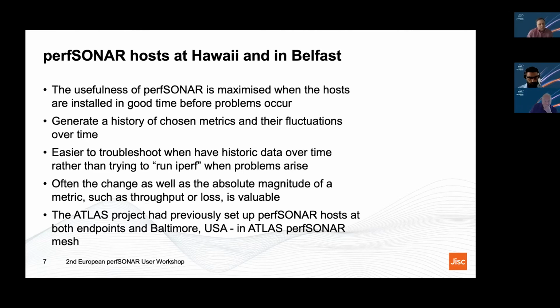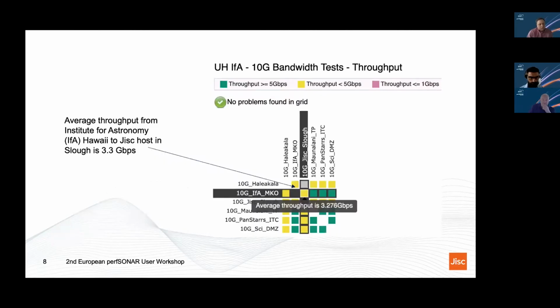And these are all in this ATLAS perfSONAR mesh, and this is just a screenshot of one of the grids, and you can see a number of 10 gigabit hosts in Hawaii, and there's also one in Slough, the Jisc one in Slough.